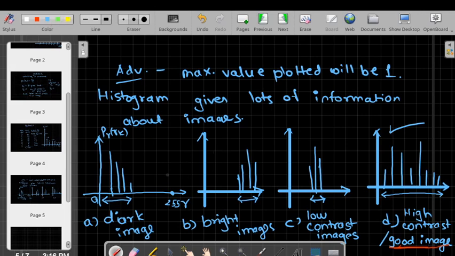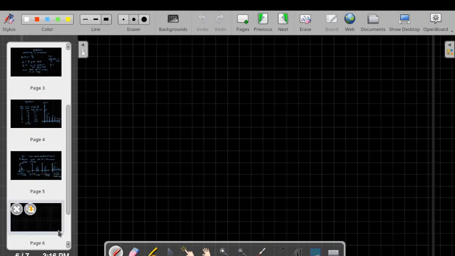Our aim in this histogram modeling is to convert the first three types of images into the fourth type, meaning we have to convert the dark image, bright image and low contrast images into high contrast or good images.